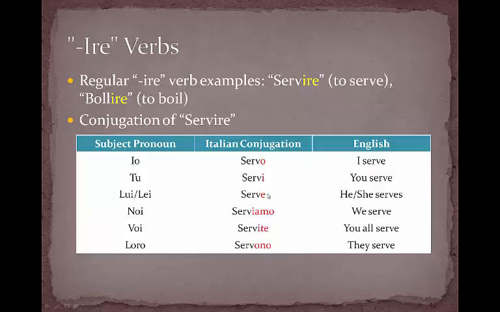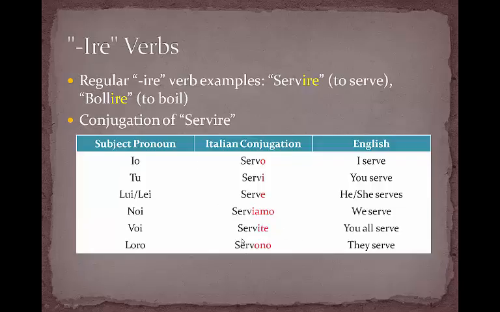Now you'll notice that ire verbs in regular form are the exact same as ere verbs with the exception of one, voi. Voi, the second person plural, is the only conjugation that's different between regular ire and ere verbs.